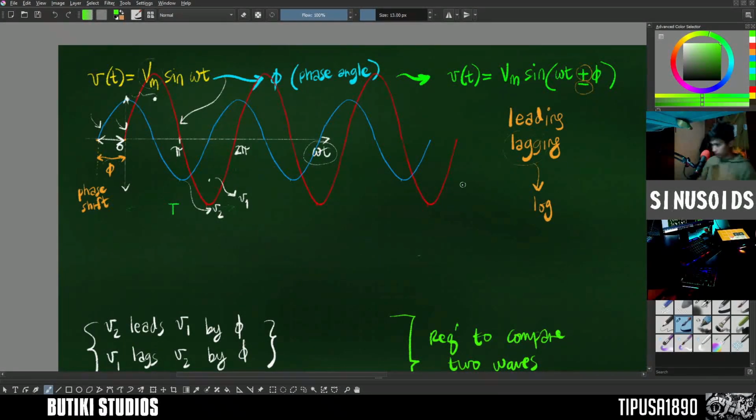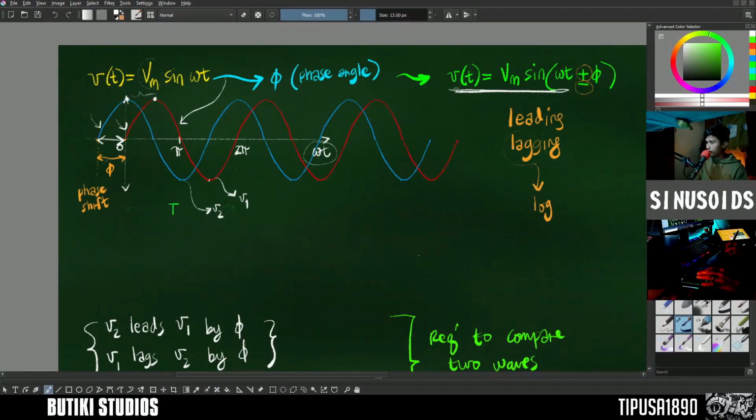But now back to the original. This is the original sine wave formula, but then we added this part here because that is your phase angle. Either it is shifted, you shift the red wave to the left or to the right.